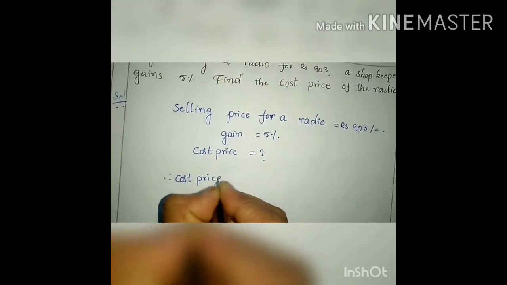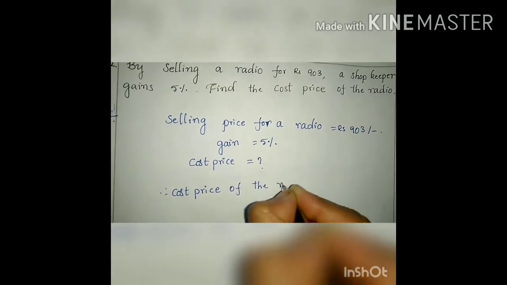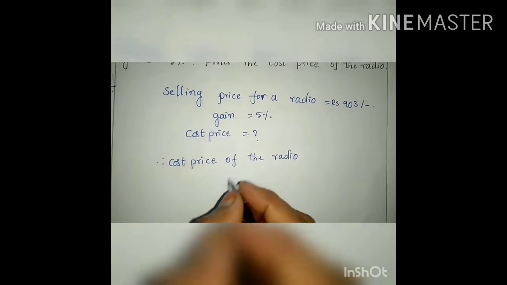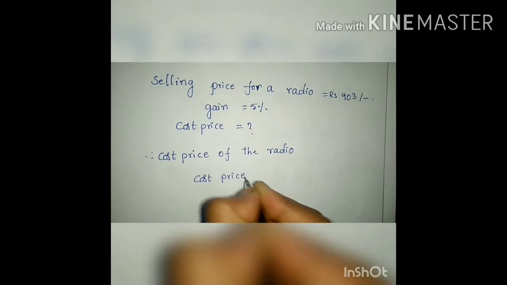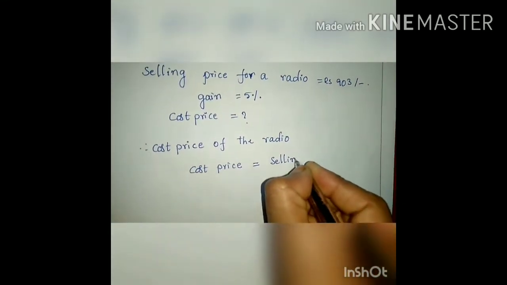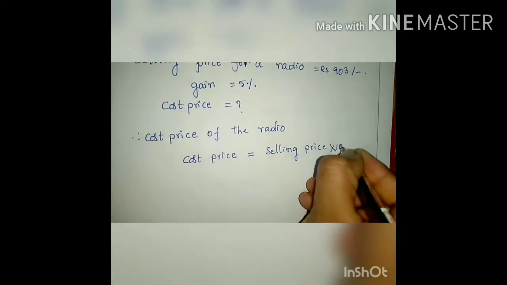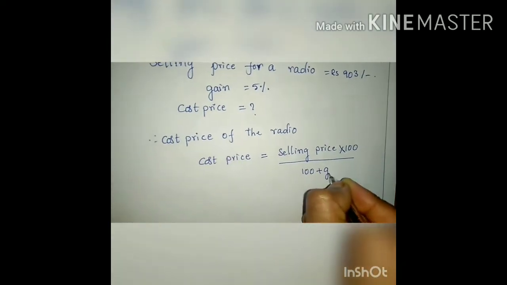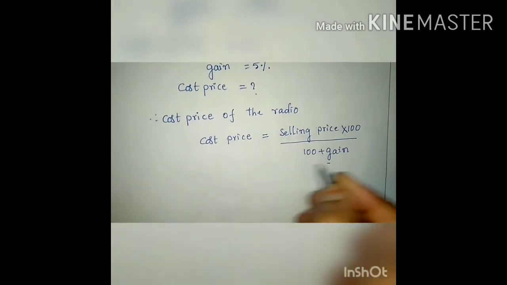So the cost price of the radio, according to the problem: cost price equal to, it is a formula, selling price into 100 by 100 plus G, where G is for gain.